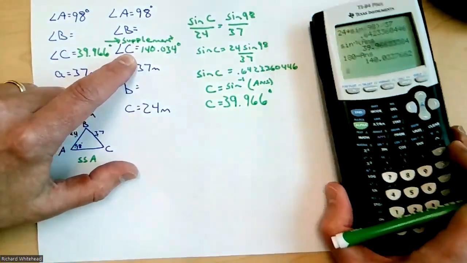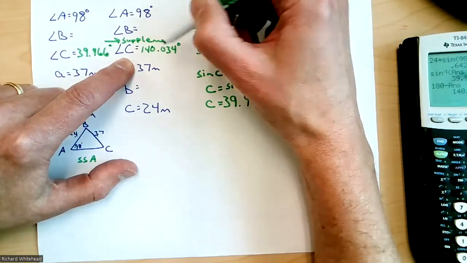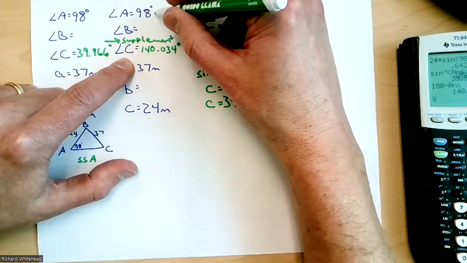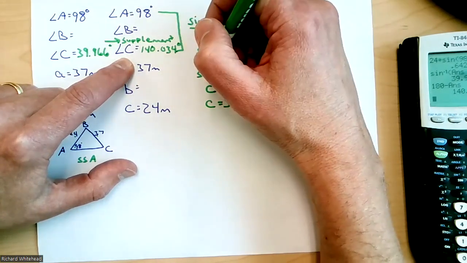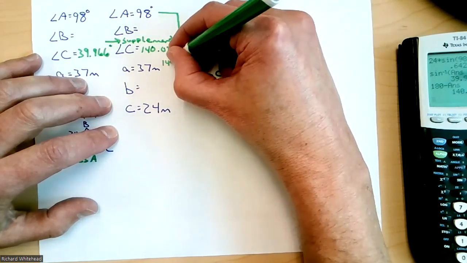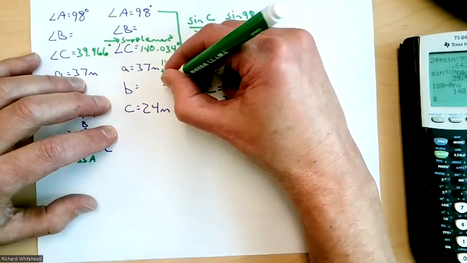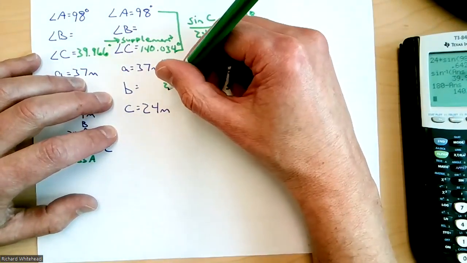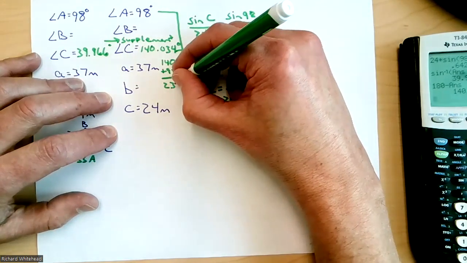Okay. Now, can I make a second triangle out of these answers? You look at that 98. So wait a second, 140 plus 98, this is way too big. What is that? 238?